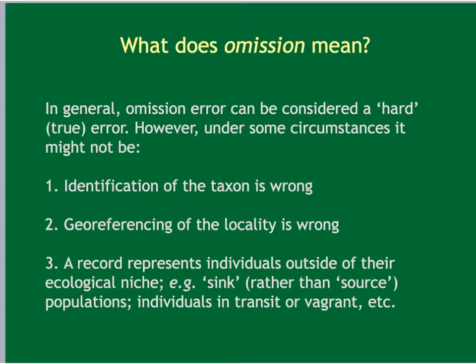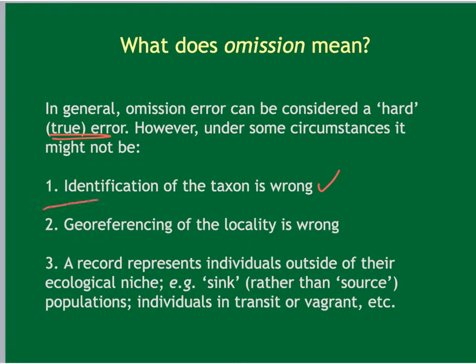So generally, omission is what we consider a hard or a true error because real data have been left out. We could also have some other issues where the identification of the taxon that we're predicting could have been wrong. Species could have been misidentified at a location.